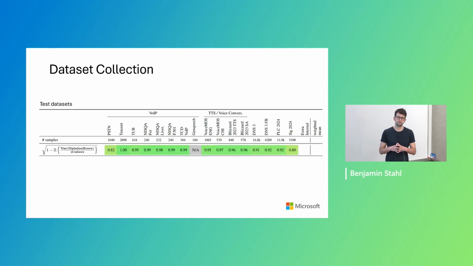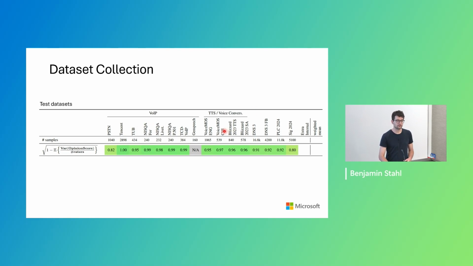So for my internship project, I collected multiple data sets. This is just to give an overview. These are the test data sets I used. There is PSTN, which is public switched telephone network, then various other voice over IP data sets, some of them from the conferencing speech challenge, NISQA data sets.